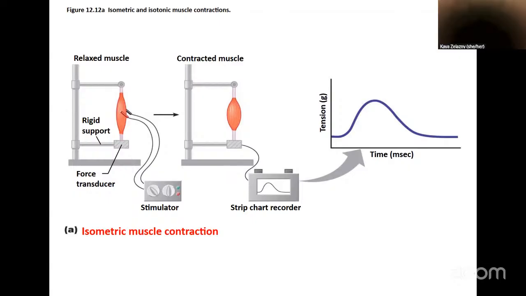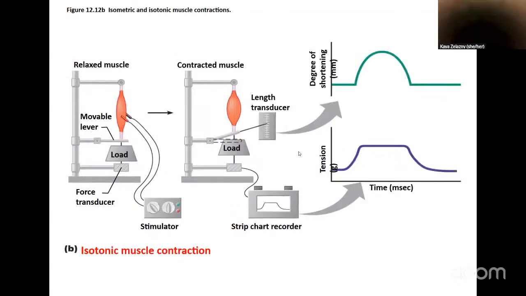We see our tension building. So we have our latent period, we have tension building during the contraction, and then we have relaxation as our tension tapers off. We'd see all those phases of the twitch if we were measuring tension from that muscle belly, but our overall length of the muscle is staying the same. That's different than our isotonic muscle contraction, where we actually move a load.